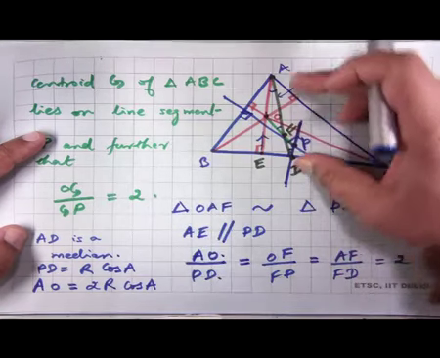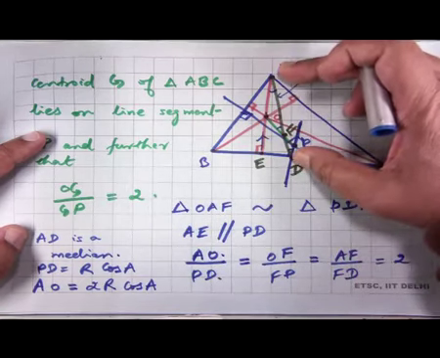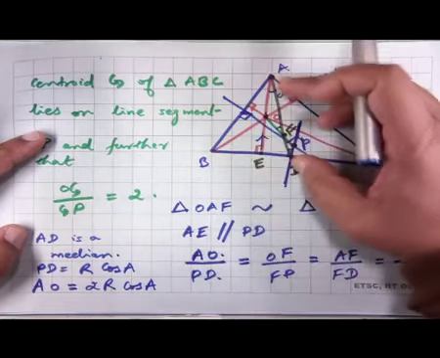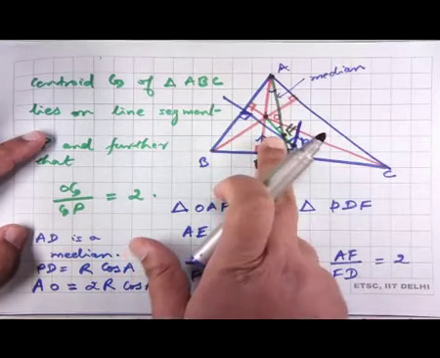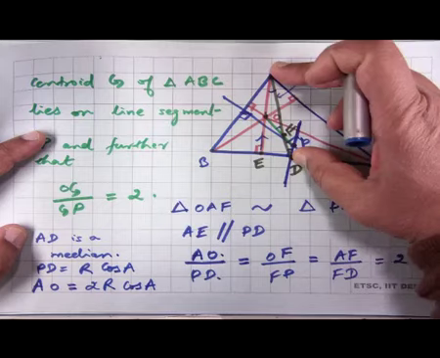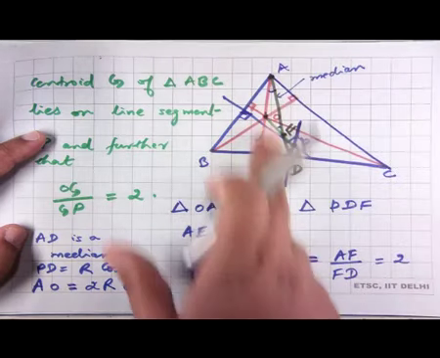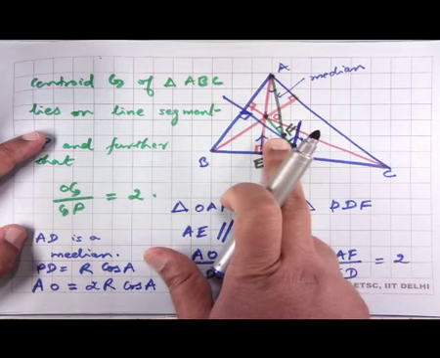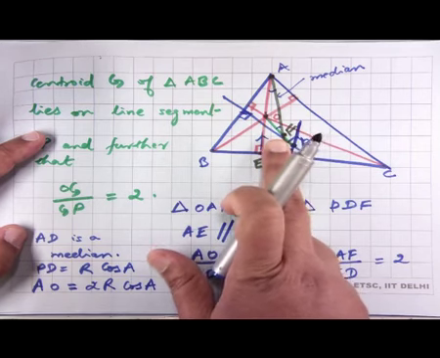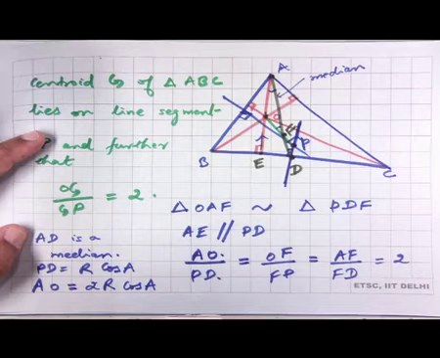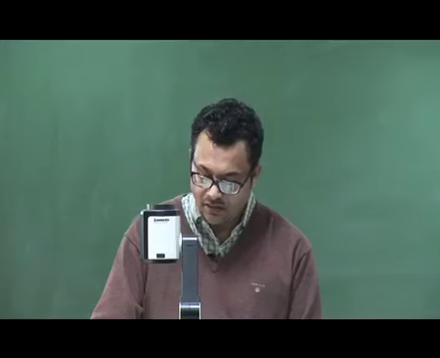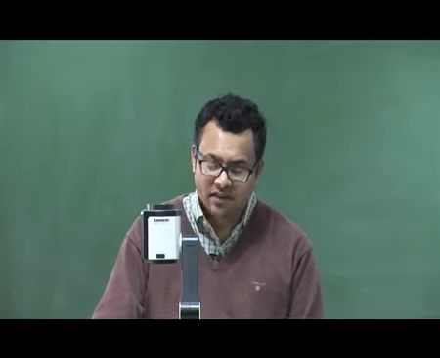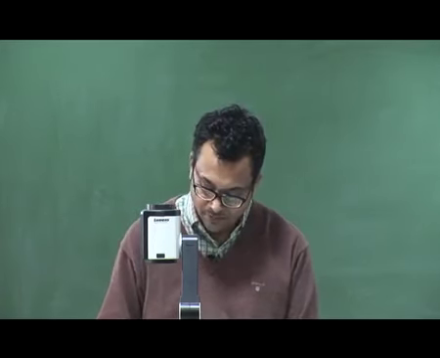We have already seen that AD is a median of the triangle ABC, and this point F, which lies on AD, divides the median in the ratio 2:1, and therefore it must be the centroid, because the centroid is the unique point which divides all three medians in the ratio 2:1.